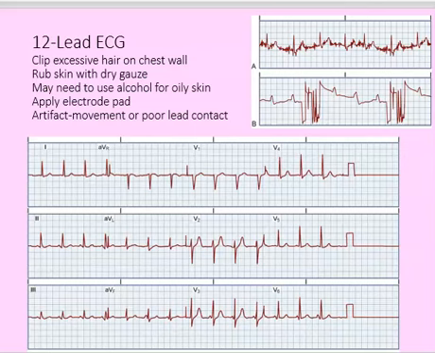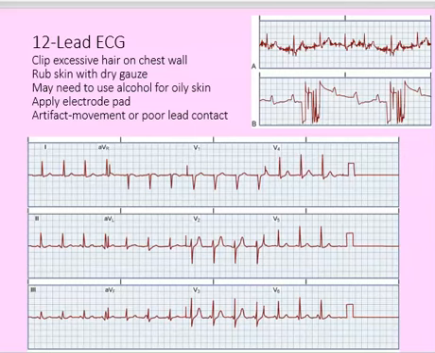You will see that these leads are numbered. So leads 1, 2, 3, AVR, AVL, and AVF look at one area of the heart. The remaining leads look in the horizontal plane going across the heart.